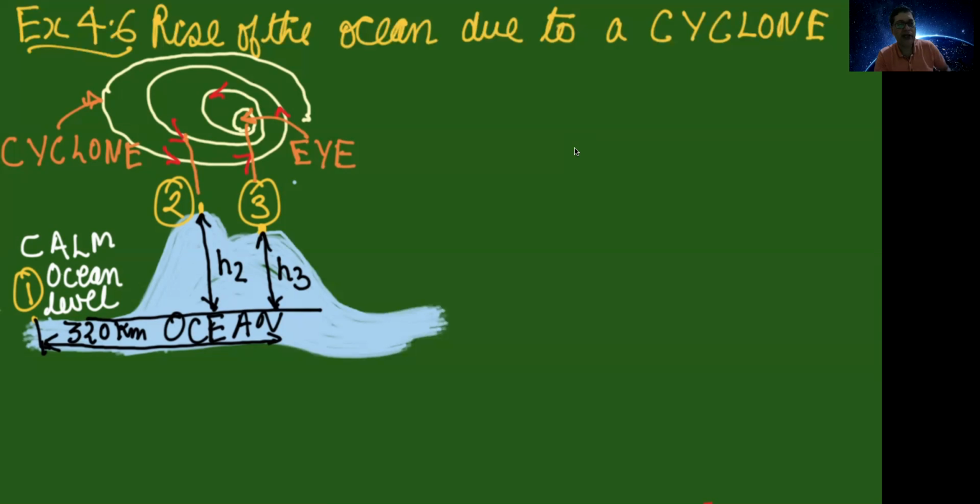Whereas 320 kilometer away, which is this point 3, the pressure is low. This low pressure leads to the suction of a large mass of air, and you have an inward spiraling flow of air, which is called a cyclone.